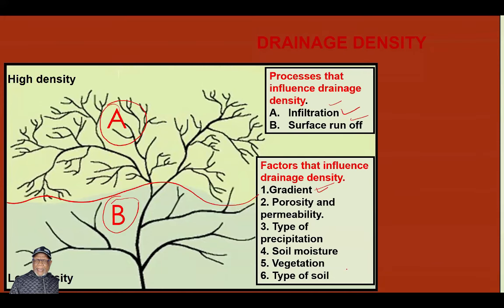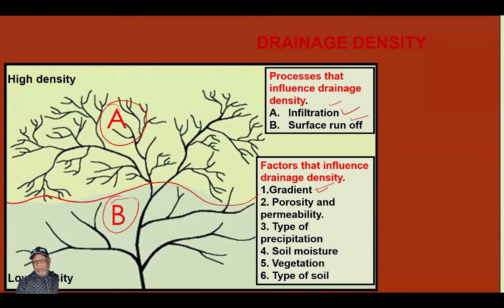You're saying at A there is low porosity. What do you mean by low porosity? There are fewer pore spaces. Because of fewer pore spaces at A, there is more surface runoff and there is less infiltration. And that is why we have higher density.